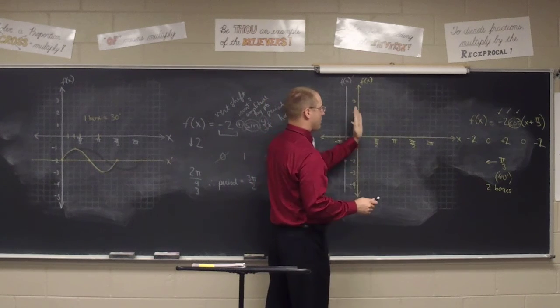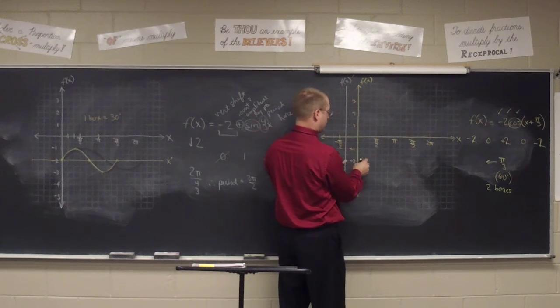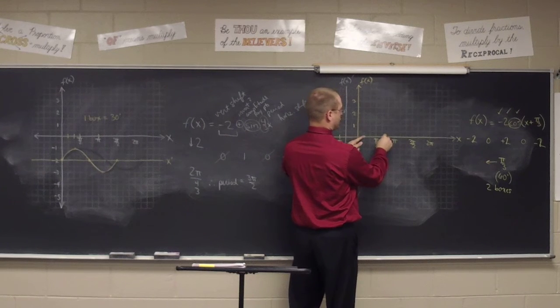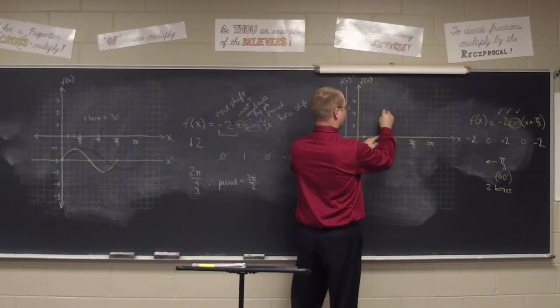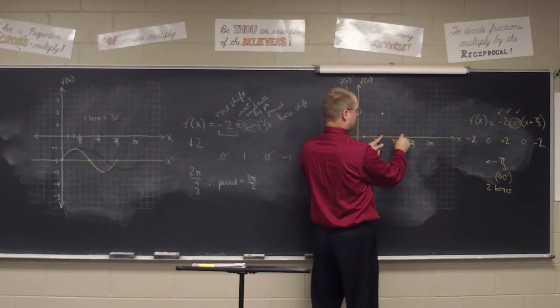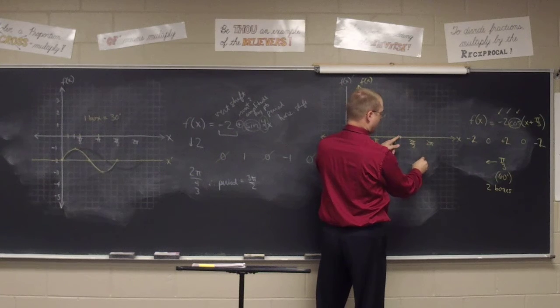And remember, normally we do every 3 boxes to the next quadrantal, right? So I go 3 more boxes, I should be at 0. Then 3 more boxes, I should be at 2. 3 more boxes, 0. And then 3 more boxes, -2.